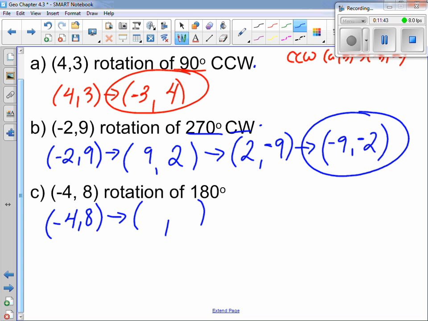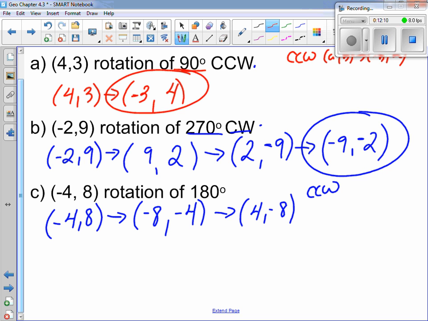So I move 8 up front and it would be negative, and I would have negative 4 second. 8 comes to the front and becomes negative. 4 goes to the back. We do it again. Negative 4 comes up front and becomes negative, which would make it positive 4, comma, negative 8. And that's going counterclockwise.